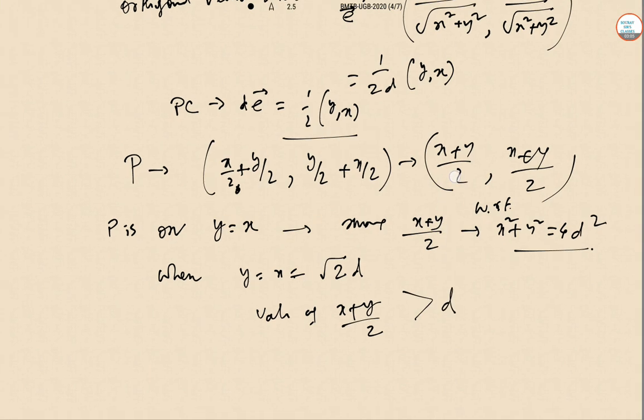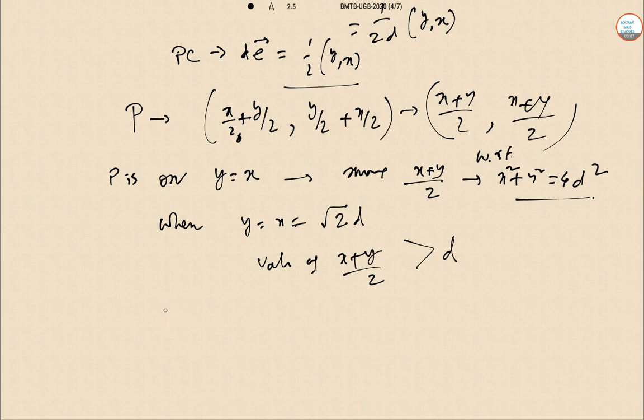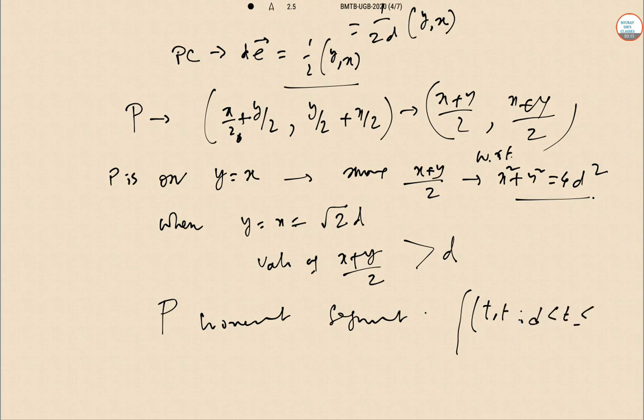So the locus by which the point P moves is a line segment, with t such that d is less than t less than or equal to root 2d. That's it. So this is done.